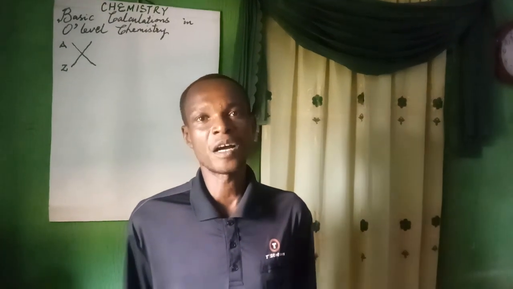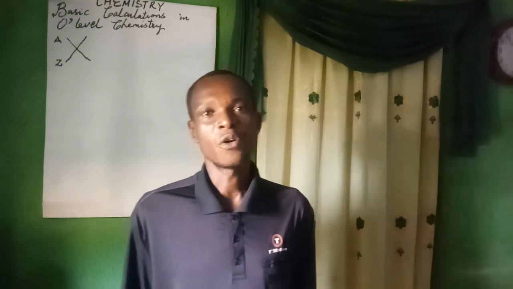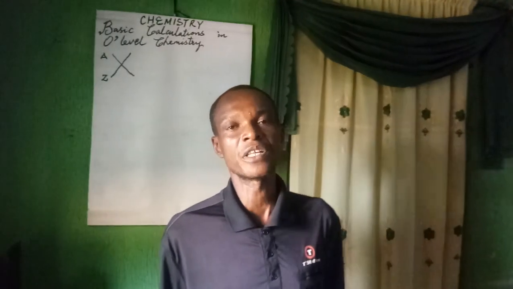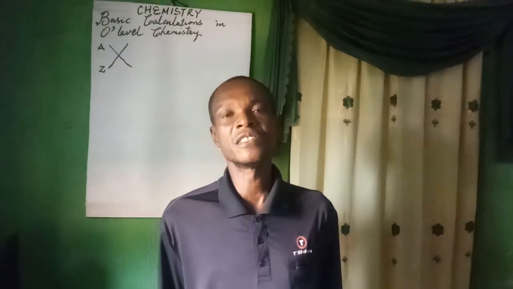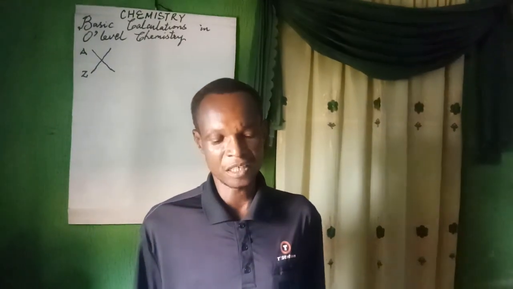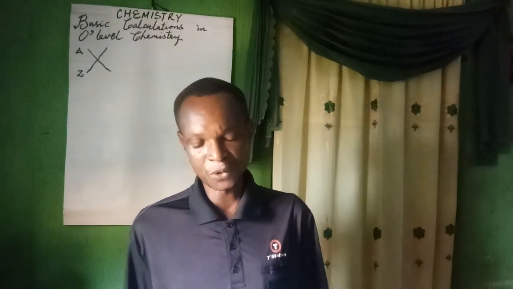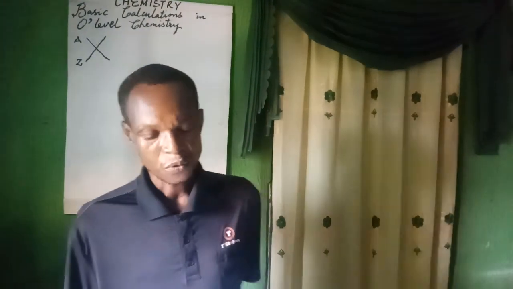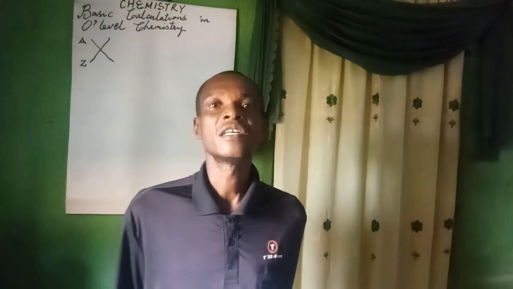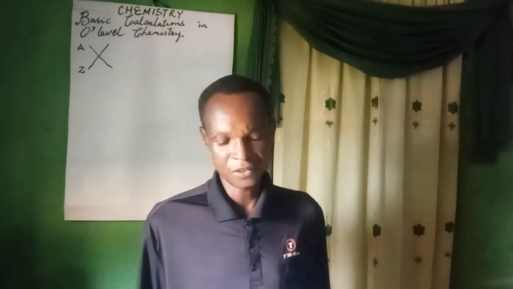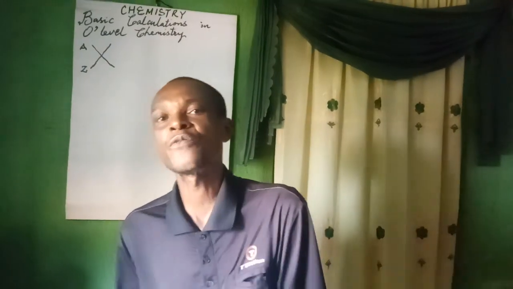As we go further, I'm going to highlight the relevant calculations as it relates to mass number and atomic number. The mass number is used for calculations involving masses, while the atomic number is used for calculations involving configuration.